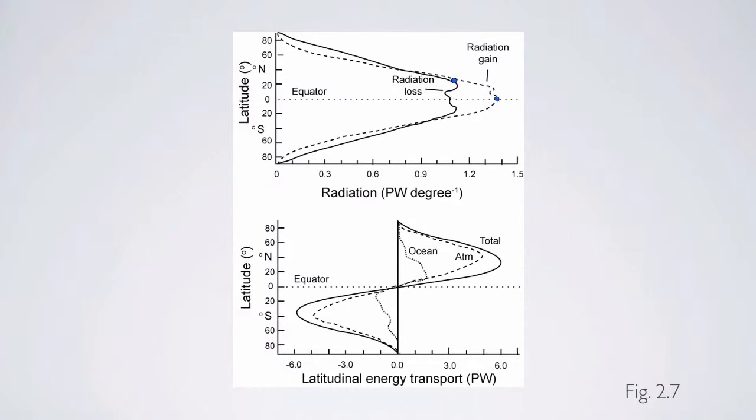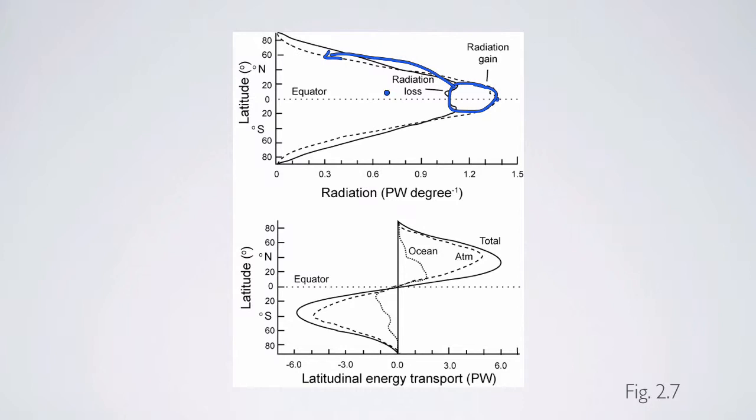But if you take a look, there's a gap: there's a lot less radiation that's lost at the equator than is gained. But by the time you look at high latitudes, you can see that there's a lot more radiation that's lost from these latitudes than is gained. And that's due to the shifting of all this energy that's gained at the equator to higher latitudes.